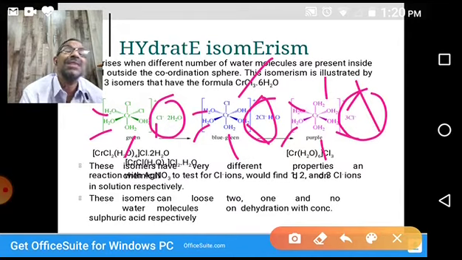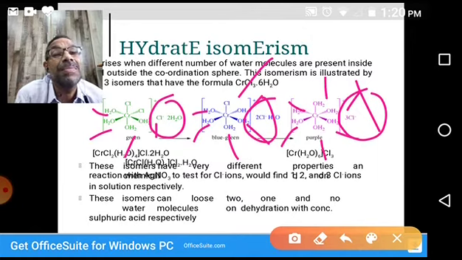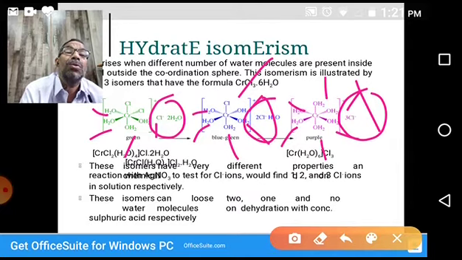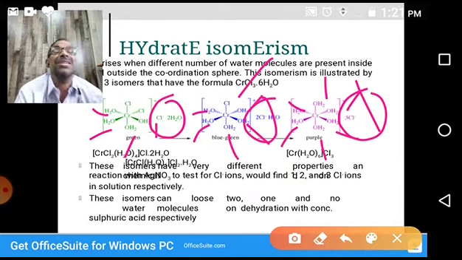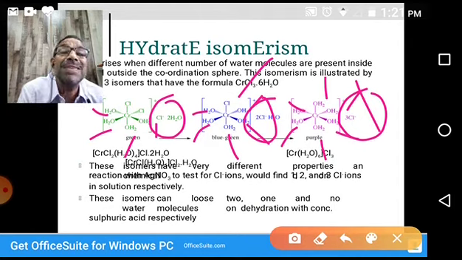So this is also one difference. Color is changing. On dehydration, the number of water molecules undergoing dehydration is changing, and the amount of white precipitate with AgNO3 is also changing. So this is happening because the number of water molecules changes from compound to compound.